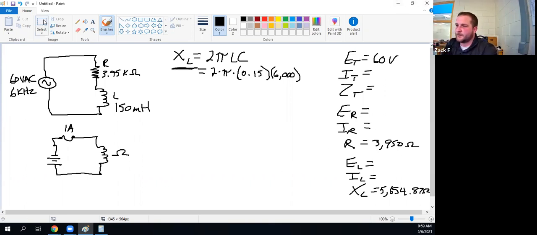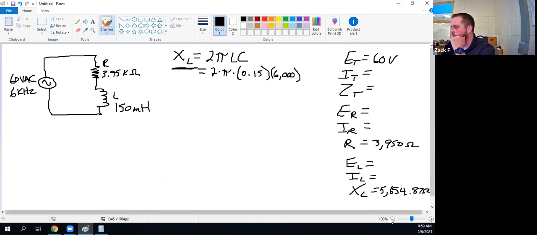Okay. Back to it. So we got our X sub L inductive reactance. Now, what can we solve for? Impedance? Yes, impedance. I'm going to pull up your formula sheet here.